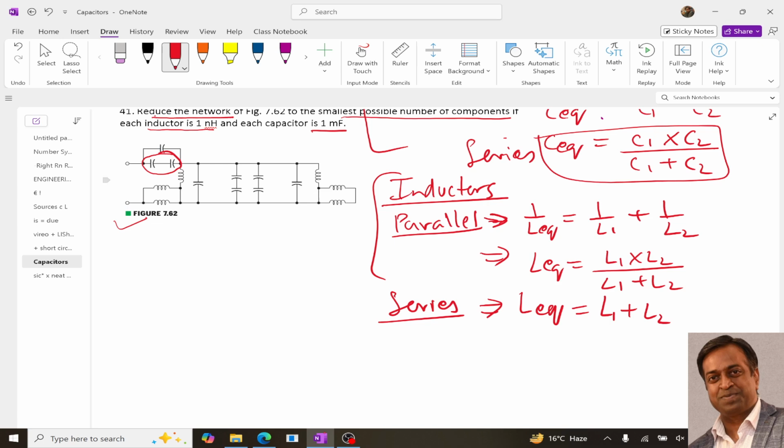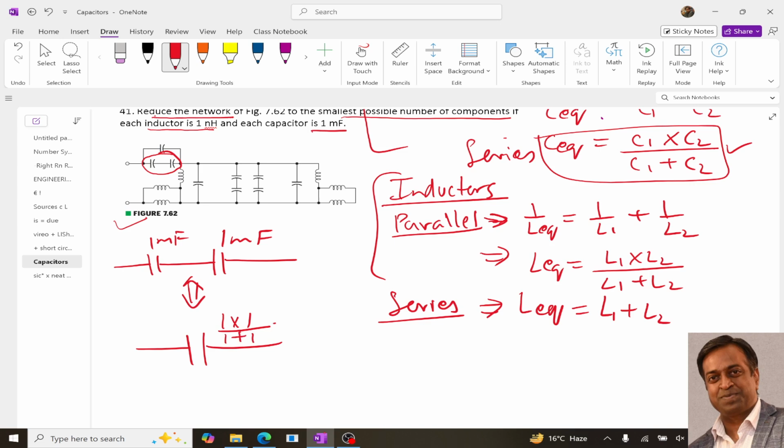The two capacitors are in series, so the equivalent is 1 millifarad and 1 millifarad, using this formula: 1 times 1 upon 1 plus 1, so we get 1 upon 2, which equals 0.5. So we get 0.5 millifarad, and this part can be replaced with it.